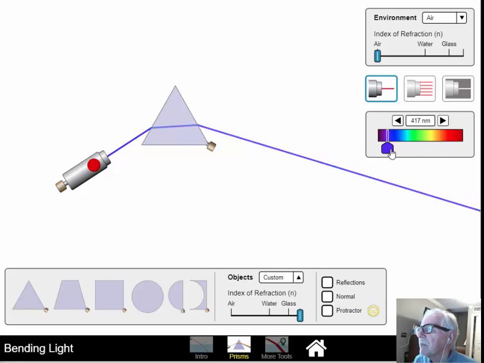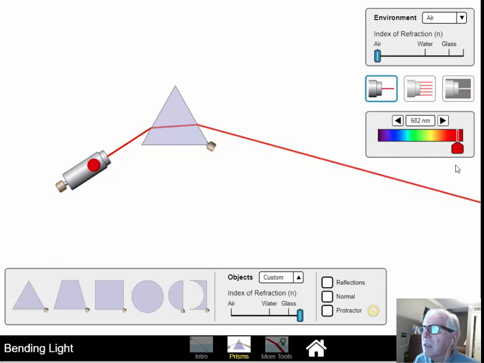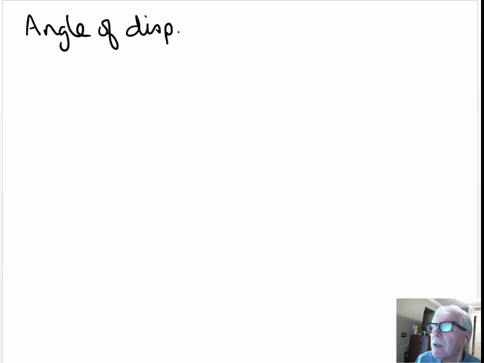It moves slightly. And let's do an experiment. Let's set this up first. I'm almost there. So this is the angle of dispersion.